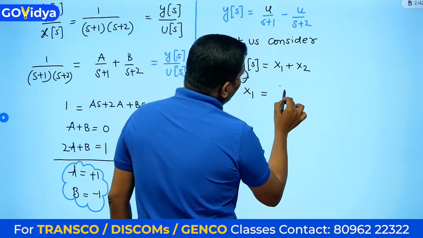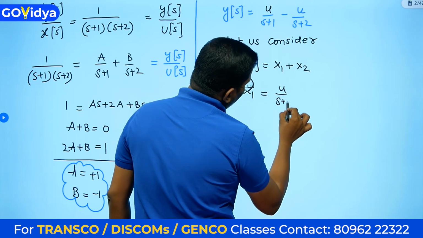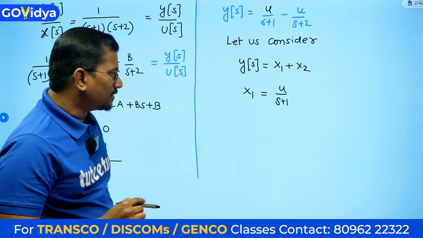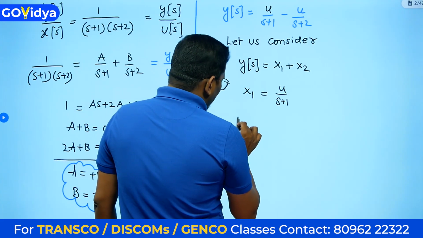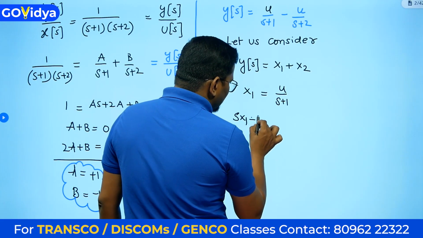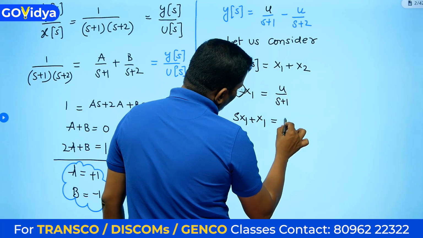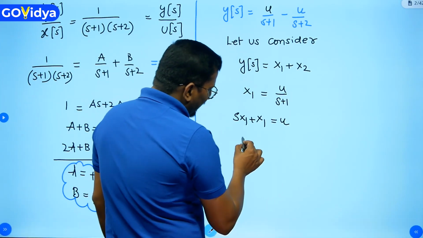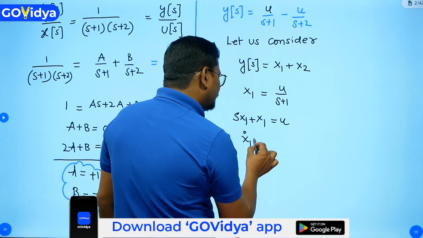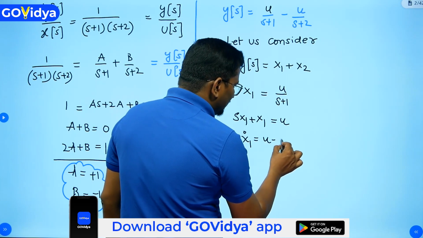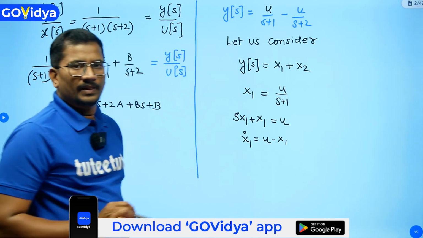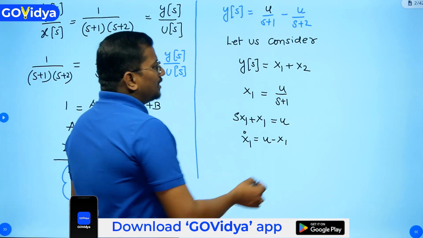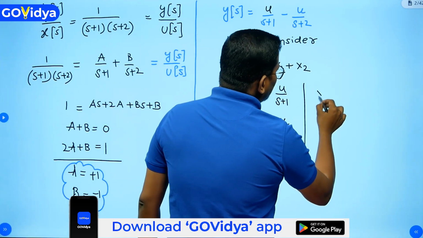Can I say u by s plus 1? U by s plus 1. Now, from this, can I write s x1 plus x1 is equal to u, right? S x1 indicates x1 dot is equal to u minus x1. Similarly, what is x2?